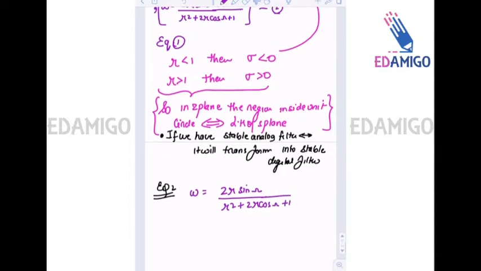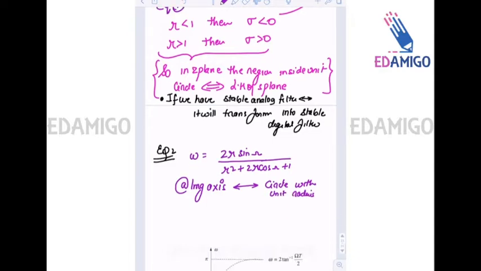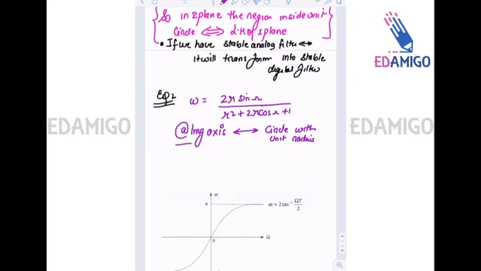Okay, now let us say that we are talking about the imaginary axis, and since the imaginary axis corresponds to the unit circle, or a circle with unit radius, so the imaginary axis corresponds to R equal to 1.